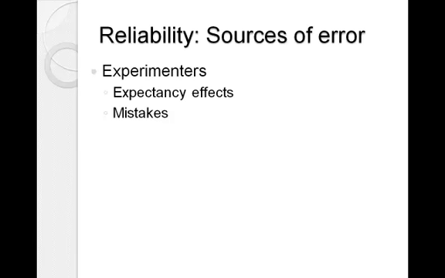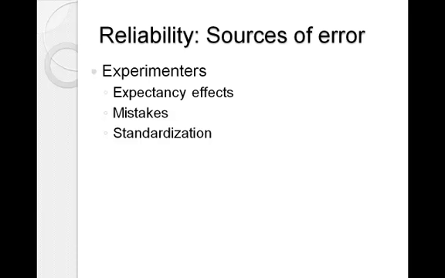To deal with these things, there are a couple of things you might do. One would be standardization of your measurement approach. Have everybody experience the same things in the same order when measuring your variables, and also standardize the scoring. Standardized scoring is especially important if you're collecting observational data.